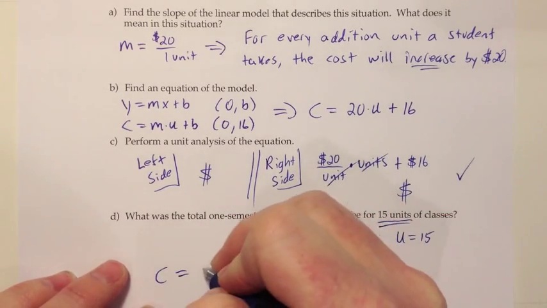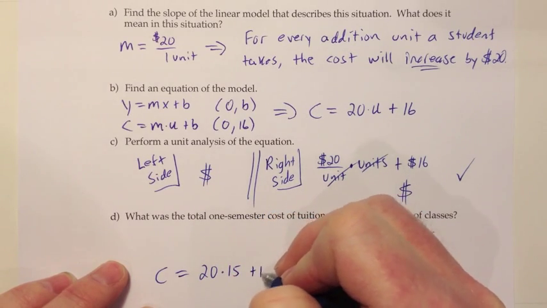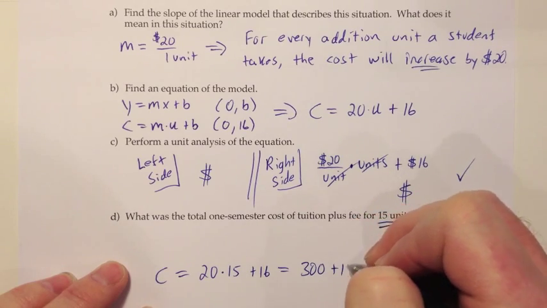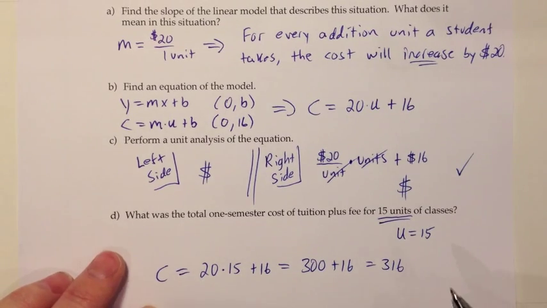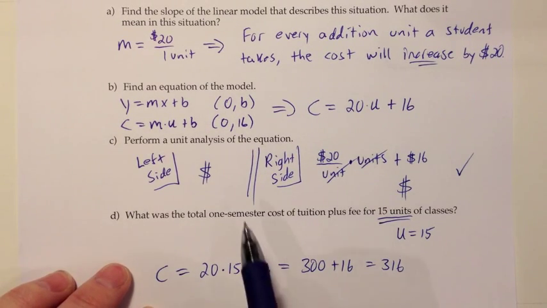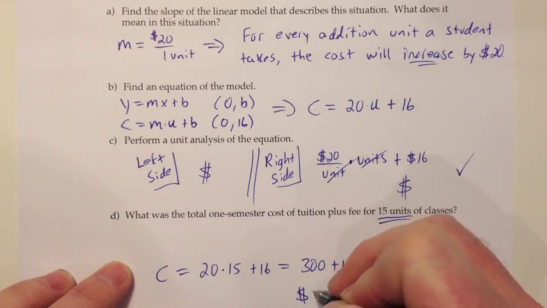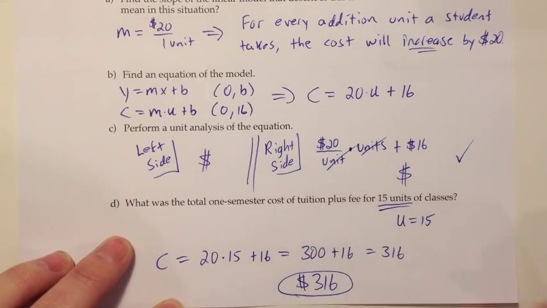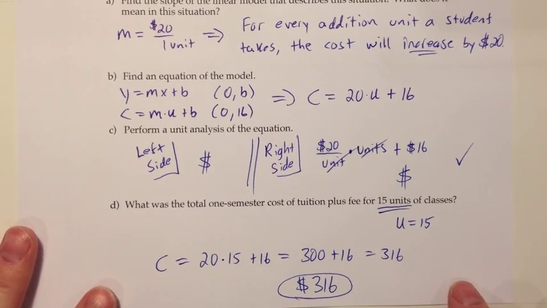The cost is going to be 20 times 15 plus 16. That 20 times 15 is 300 plus 16, that's 316. Well, 316 what? It's cost, and our units on cost were dollars, so that should be $316 as our cost for taking 15 units at Kenyatta College in the spring of 2009.